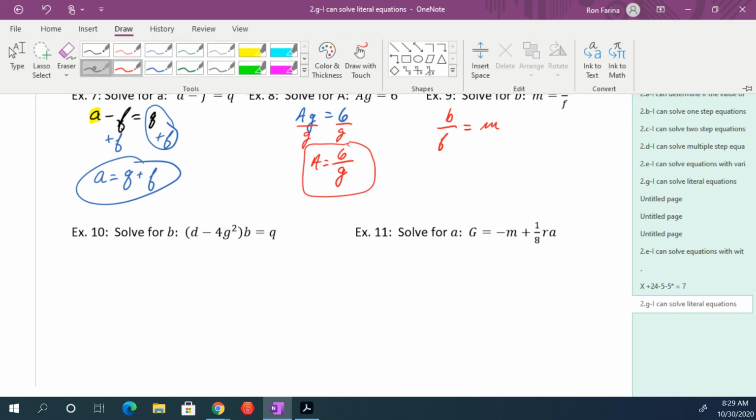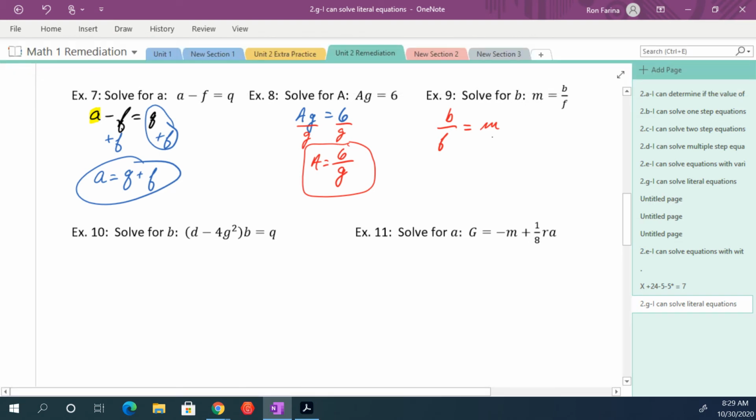So now I look, B divided by F equals M. I have to solve for B, so how do I get rid of F? Well, if these are linked by division, to get rid of any denominator, all I'm going to do is multiply. Those would eliminate, or cancel out. Multiply this side by F, and I get B equals M times F.